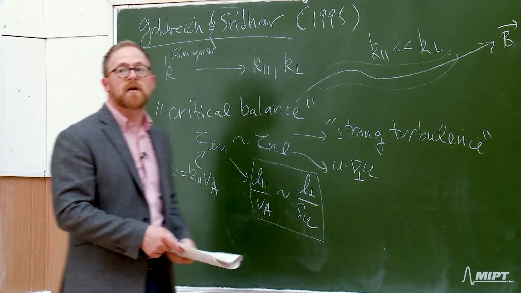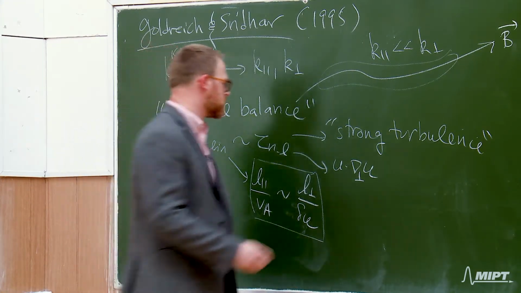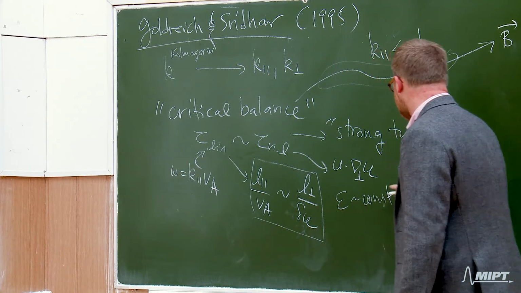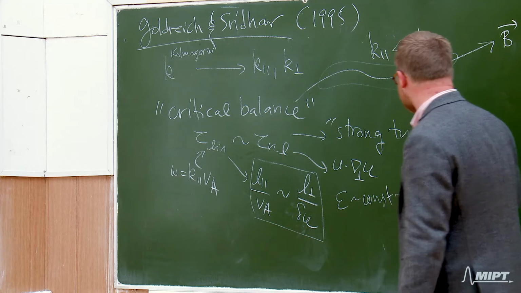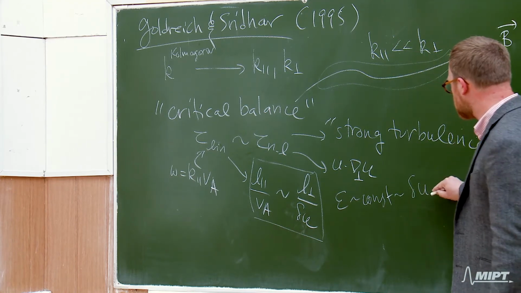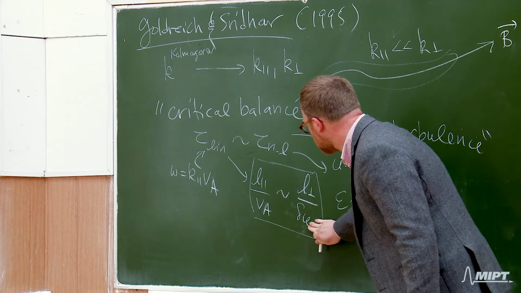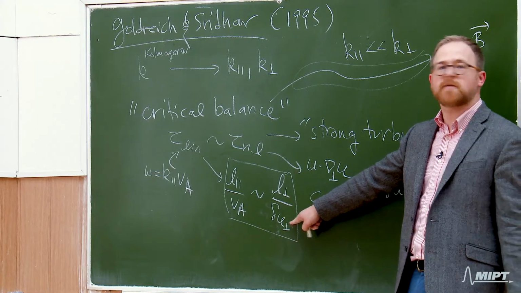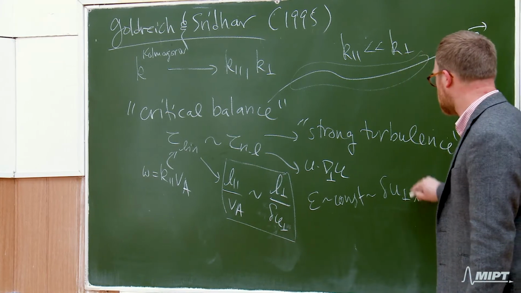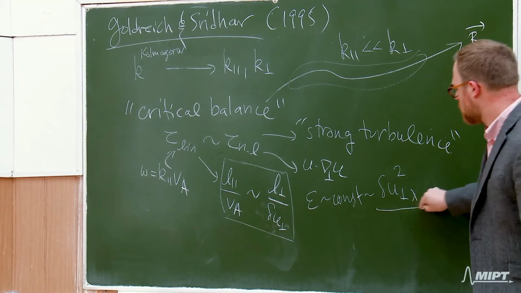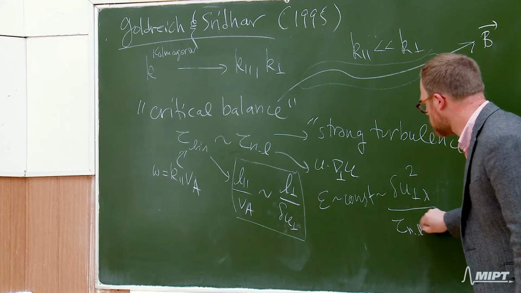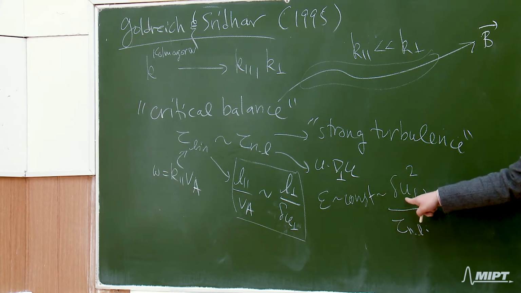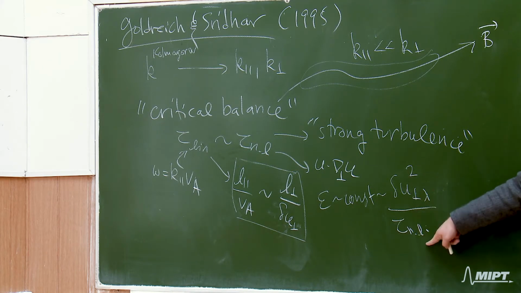And where we go from there is just the Kolmogorov argument. So you say that the energy flux is a constant, that we're primarily concerned with fluctuations that are perpendicular to the magnetic field, like a shear Alfvén wave. We know that this epsilon is u squared on some scale divided by some timescale.